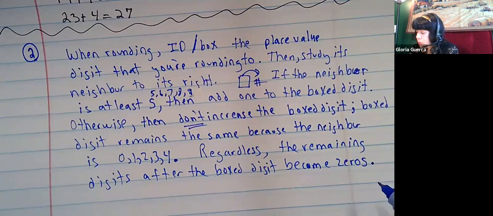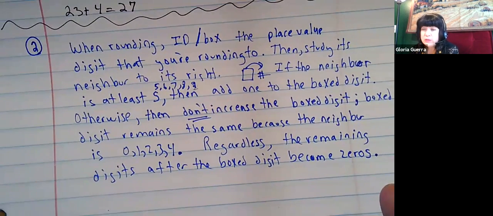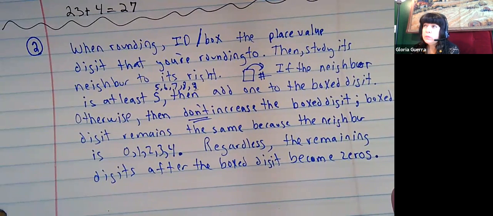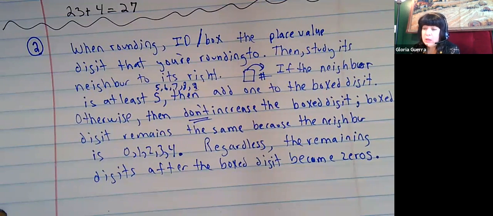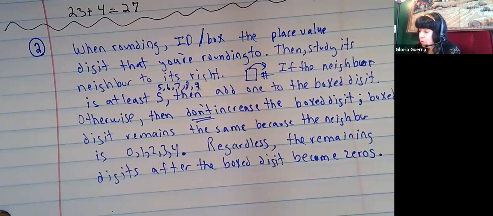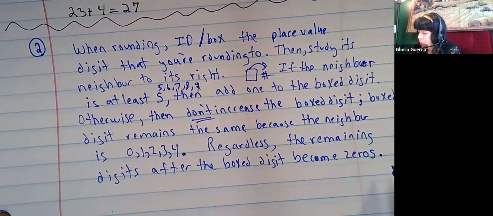Okay. And then you'll record the zeros as needed. You want to record them so that you don't lose your place value. If you're on the decimal side, then you really don't need all those decimals. You just want to make sure you hold your place value. So when they round to a certain value, you have to record your answer to that place value. Regardless, the remaining digits after the box digit become zeros.